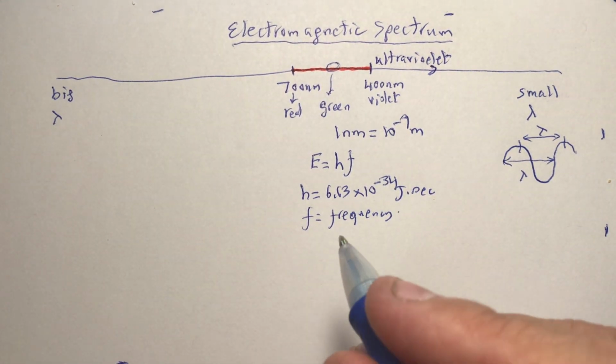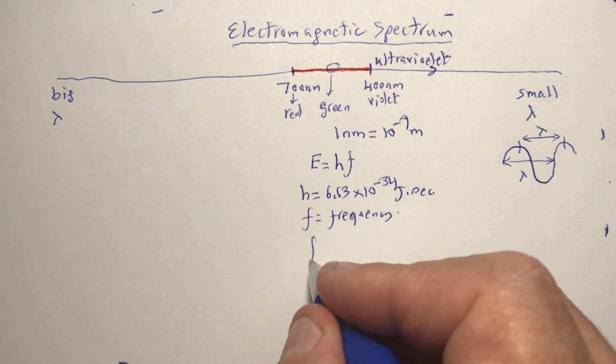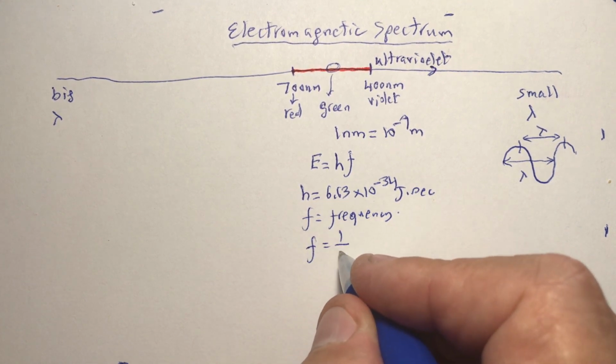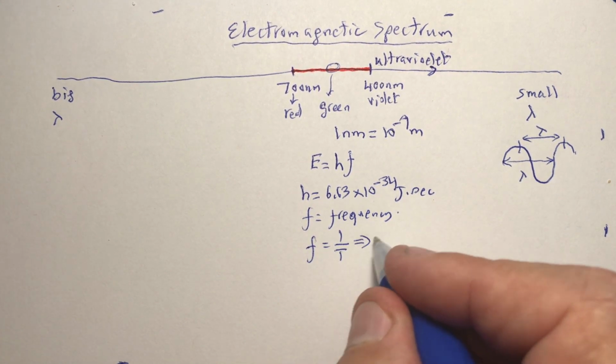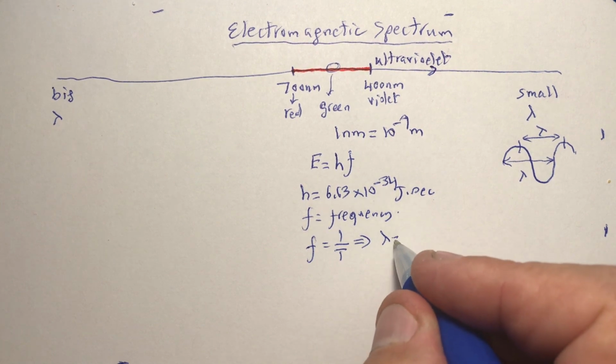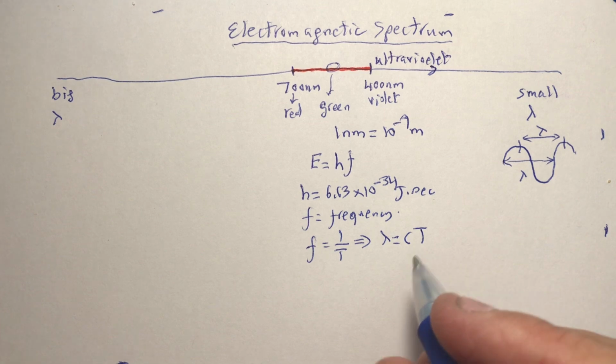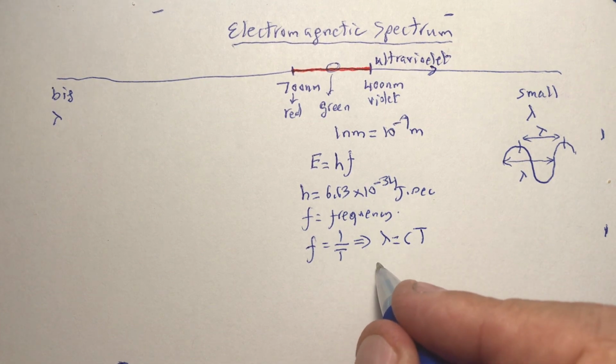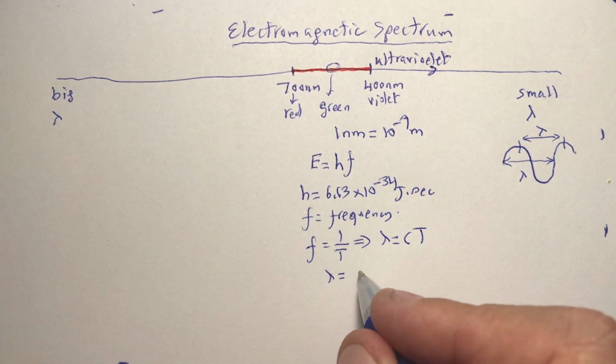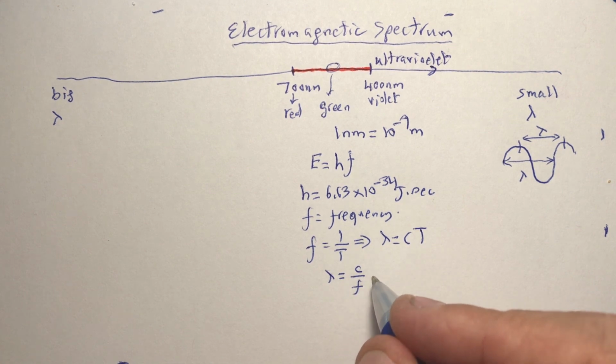The frequency of light depends on the period. So I put here f equals 1 over the period. And lambda, the wavelength, is equal to the speed of light times the period. So lambda, which is the wavelength, is equal to c over the frequency.